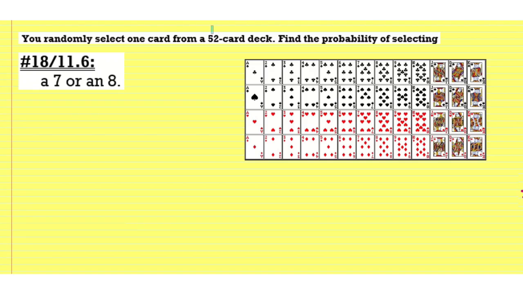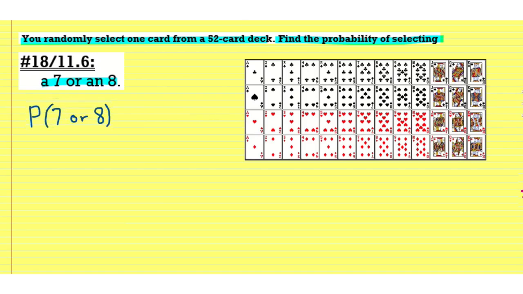Okay, we can find probabilities of mutually exclusive events. This tells us that we are randomly selecting one card from a 52 card deck, and they want us to find the probability of selecting a 7 or an 8. We can write that as the probability of 7 or 8.